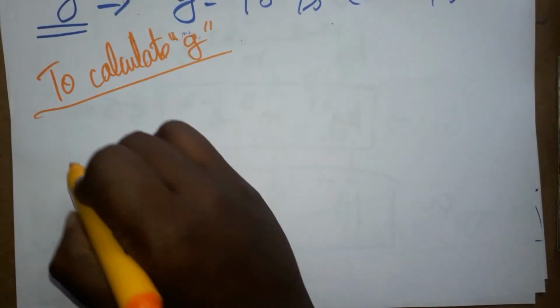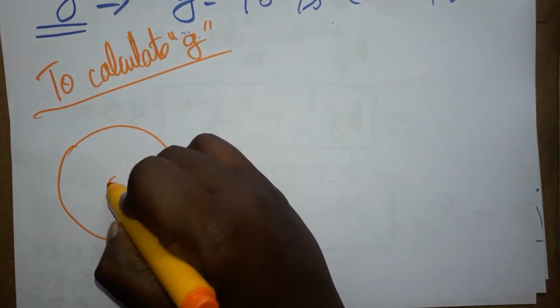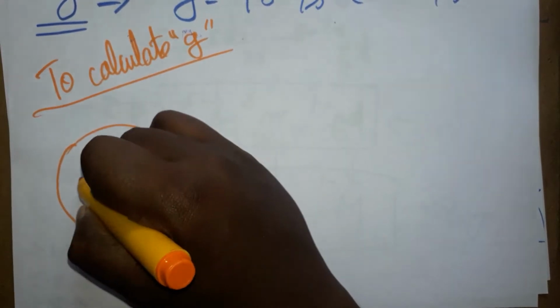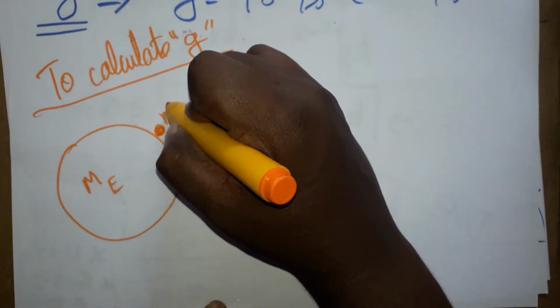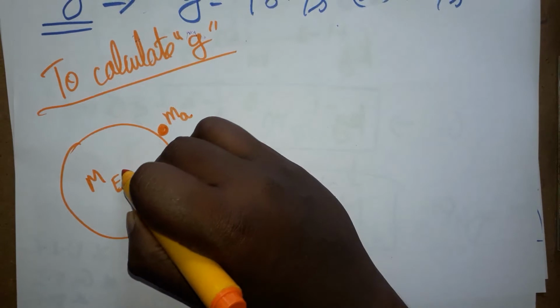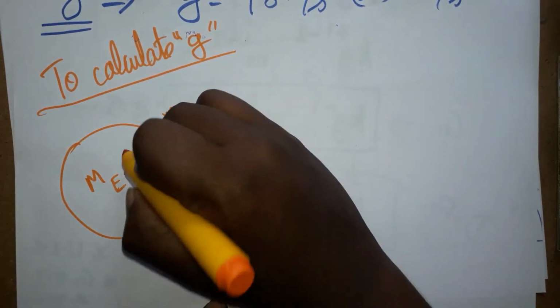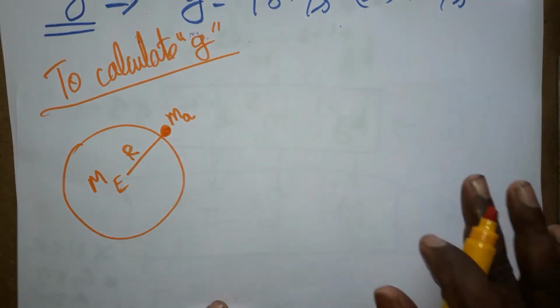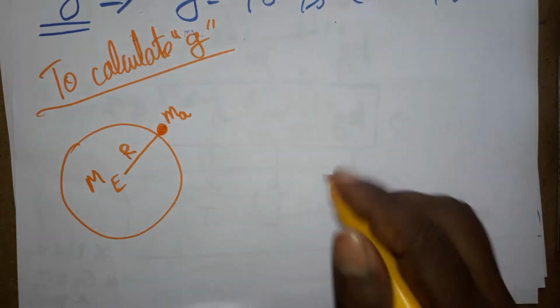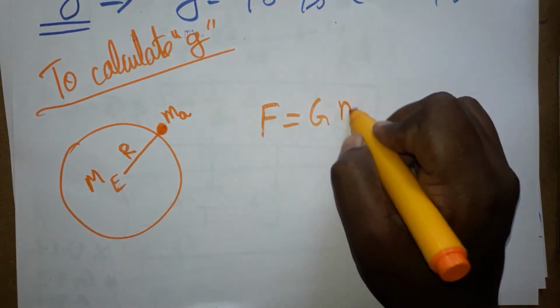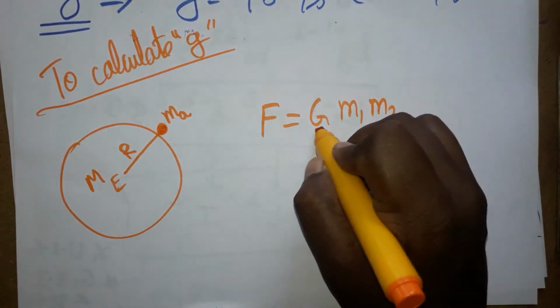So this is the earth surface. I consider one apple on the earth surface. The mass of the earth is Me, the mass of the apple is Ma. The apple's radius is negligible in the distance between these two. The radius of the earth I take as capital R. Now F is equal to G times m1 m2 divided by d square.